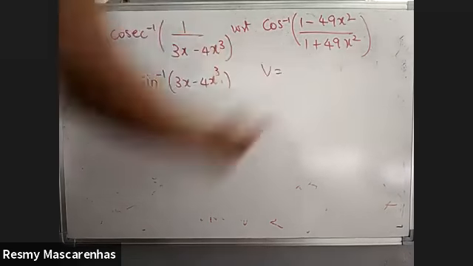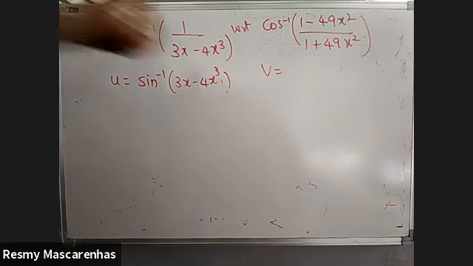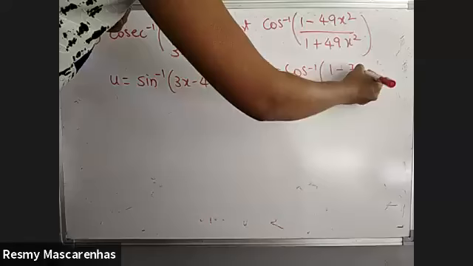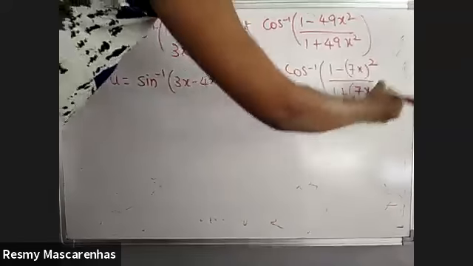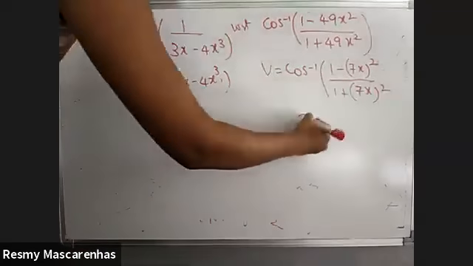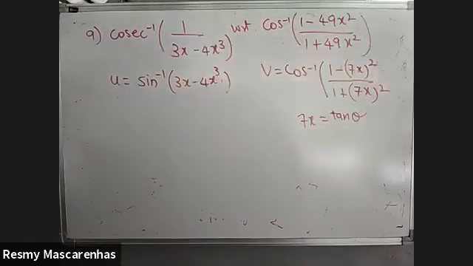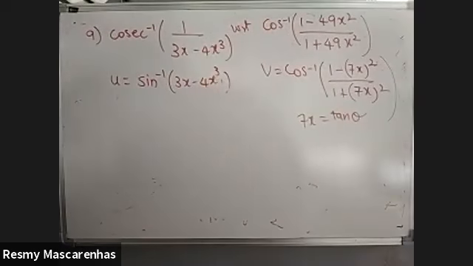V will be, now this is in the form of the 1 minus x square upon 1 plus x square formula. So it will be 1 minus tan square theta upon 1 plus tan square theta. So what you do is just arrange it this way first. Take this inside. So this will be 7x square upon 1 plus 7x square. And then 7x equal to tan theta. Okay. So this will be your substitution. And then 1 minus tan square upon 1 plus tan square will be equal to cos 2 theta.